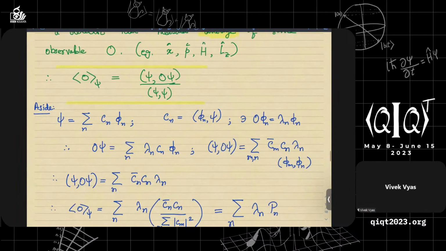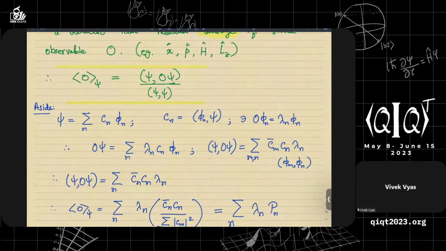So for the younger audience, the average is defined for any observable. By the way, when I say observable, I'm assuming that I have a Hilbert space given to me, and O is a linear operator over that Hilbert space, a well-defined linear operator obeying all the necessary boundary conditions. Furthermore, it is also a self-adjoint operator, loosely meaning that its eigenvalues are real. And why do we want eigenvalues to be real?